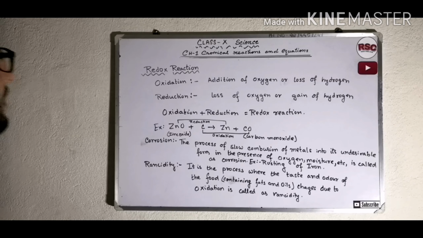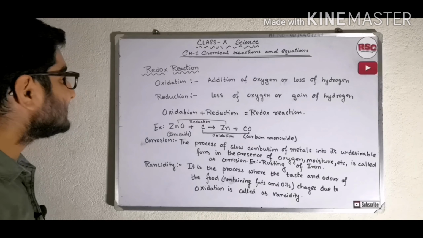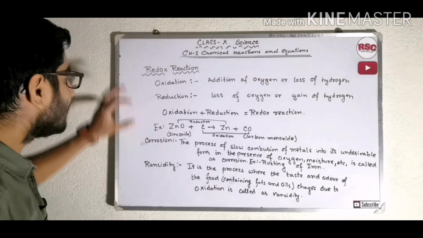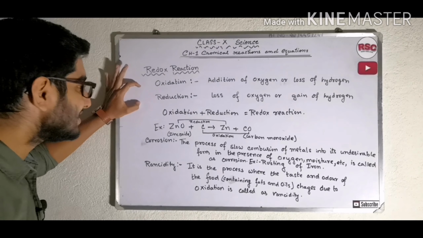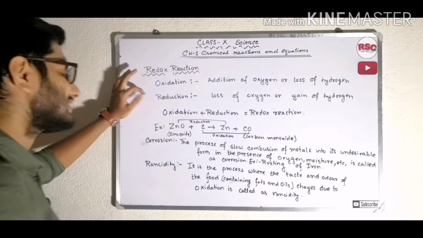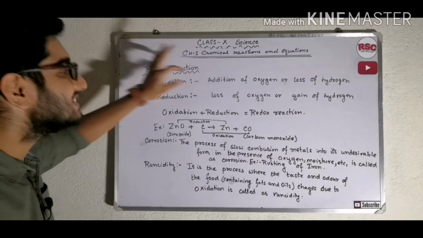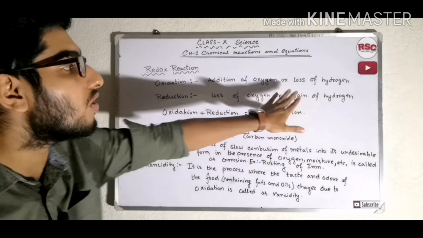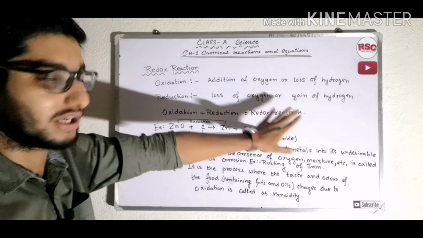Now coming to the redox reaction. What is a redox reaction? A redox reaction contains an oxidation reaction and a reduction reaction. Oxidation means addition of oxygen or loss of hydrogen, any one will occur.